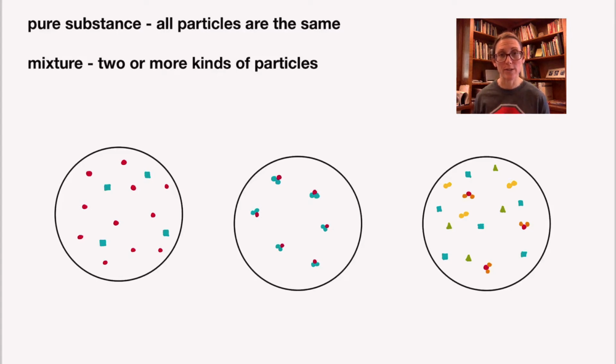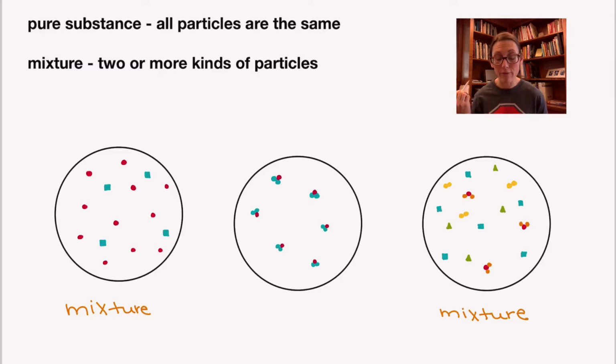So if we look at the pictures I have at the bottom of this screen, we'll see that the material on the left and on the far right are going to be mixtures. These are mixtures because in each of these samples, there are more than one type of particle. On the one on the left, I have blue particles and red particles, and so they're mixed together.